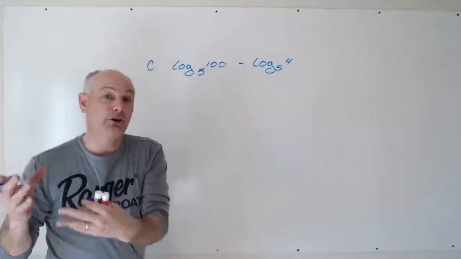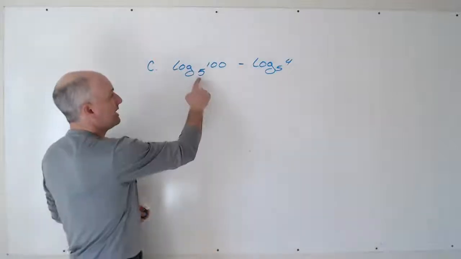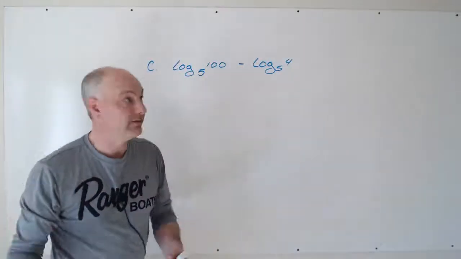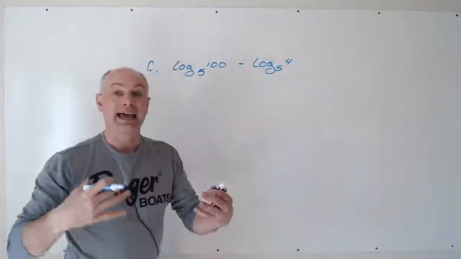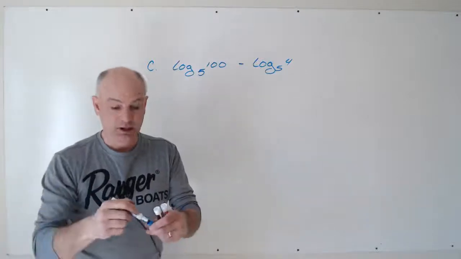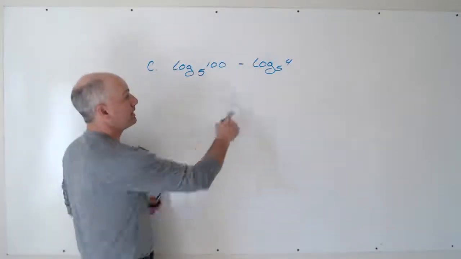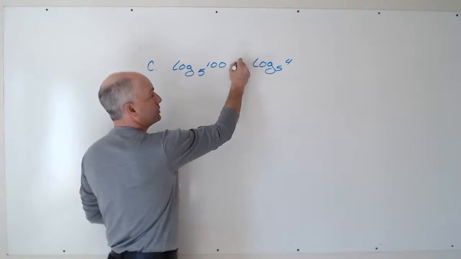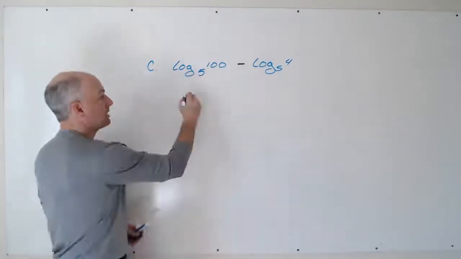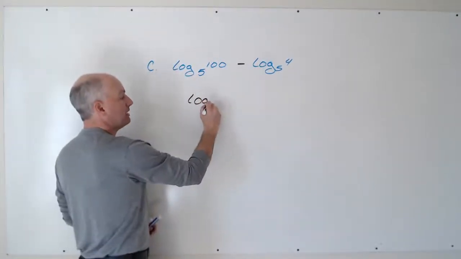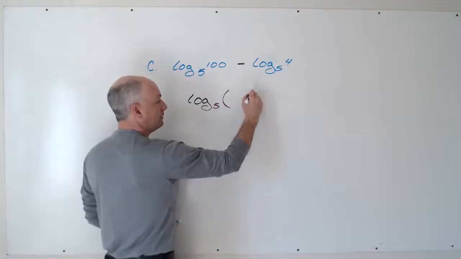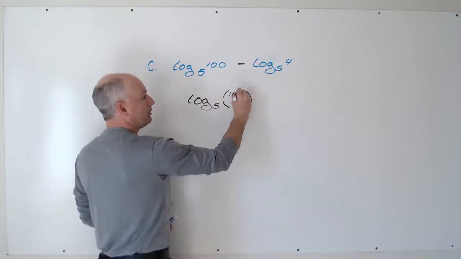So it does kind of force my hand a little bit, in that I can't write 100 as base 5. I can't write 4 as base 5. So my only option is to recognize the fact that it's a subtraction here, which means that I can write it as the log base 5 of the division 100 over 4.